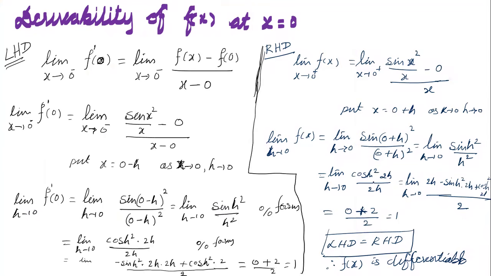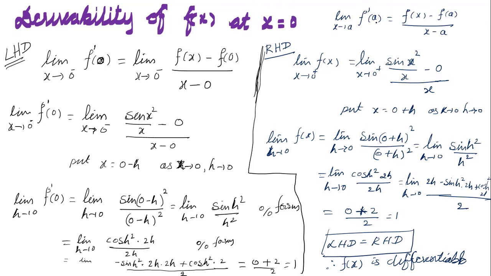Next, derivability of f of x at x equal to 0. By definition, f dash of a is equal to limit x tends to a, f of x minus f of a divided by x minus a.